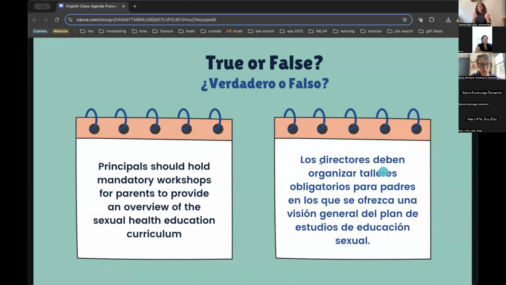The next one. So principals should hold mandatory workshops for parents to provide an overview of the sexual health education curriculum. What do folks think?